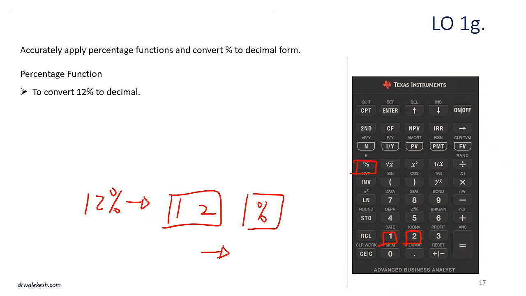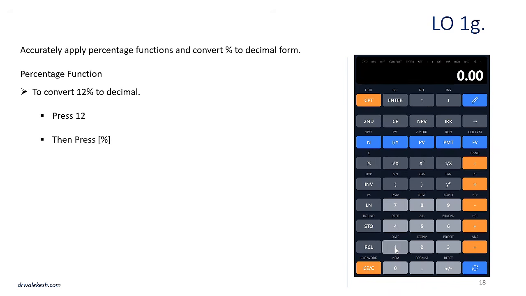With this, your answer would be 0.12. To convert 12% to decimals, press 1, then 2, and press the percentage key. Then you have your answer.